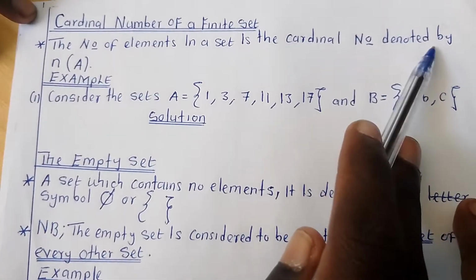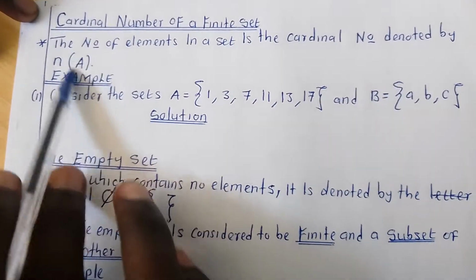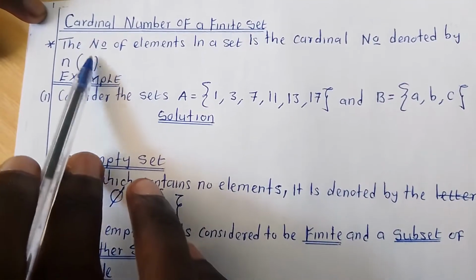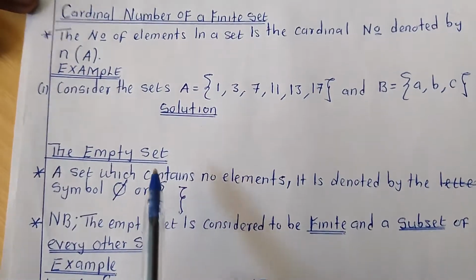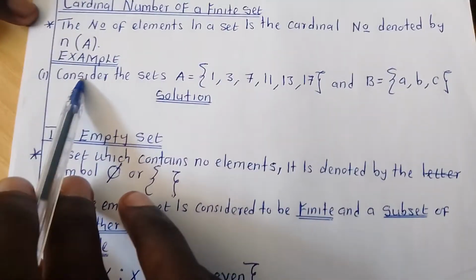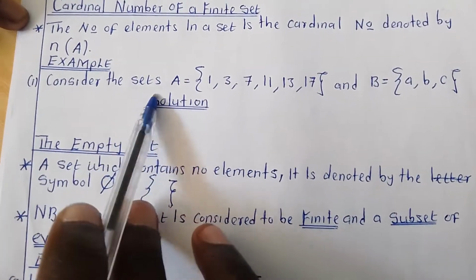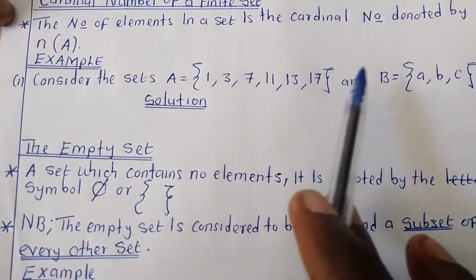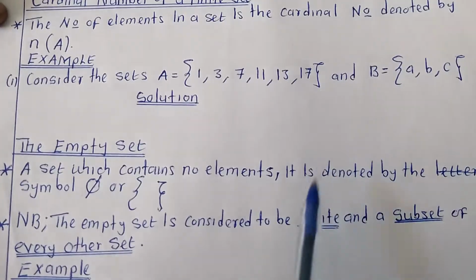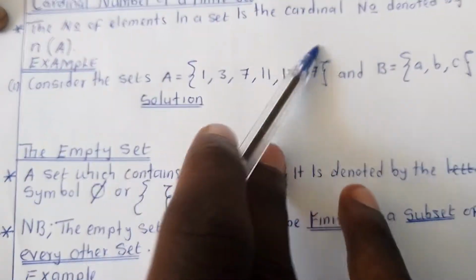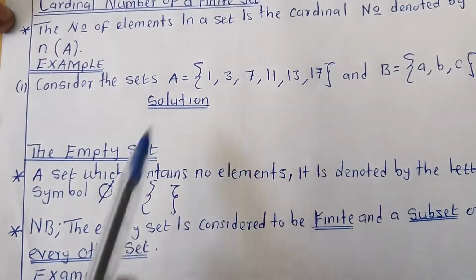It is denoted by n, open bracket, the set to be defined, then closed bracket. Now, we have an example. Consider the sets A equal to this set here, and B equal to this set here. We have been asked to find the cardinal number of these sets.